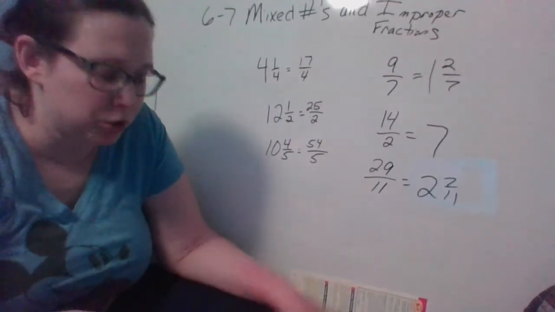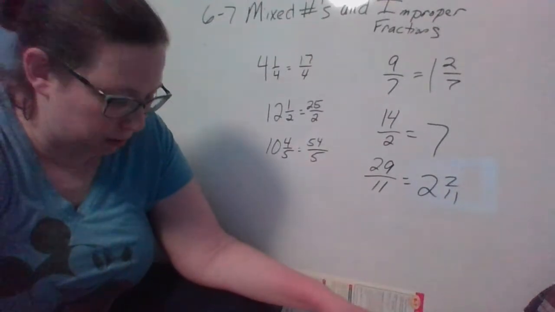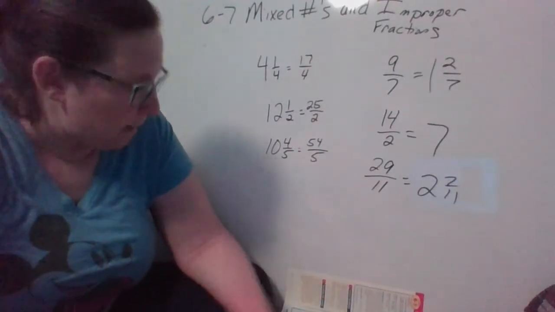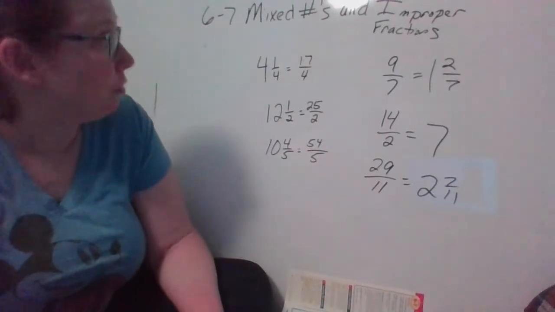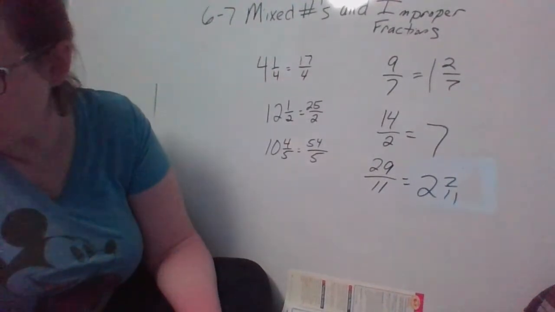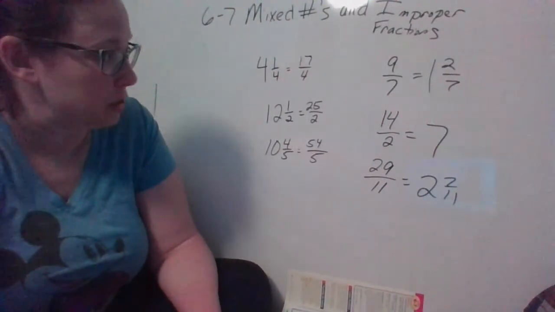I'm going to have you guys try some of these problems, and then we're going to move on to the next section that we're going to cover, which is 6-9.